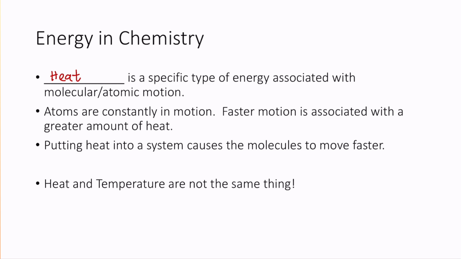So, if you put heat into a system, the molecules will move faster, and this will result in more energy. Heat and temperature are not the same thing, and they cannot be used interchangeably.